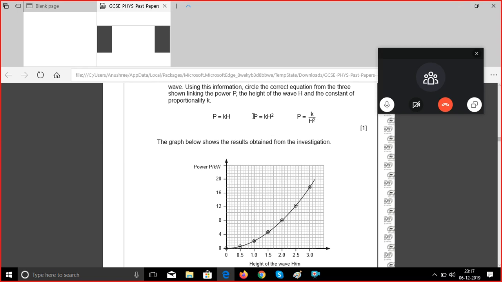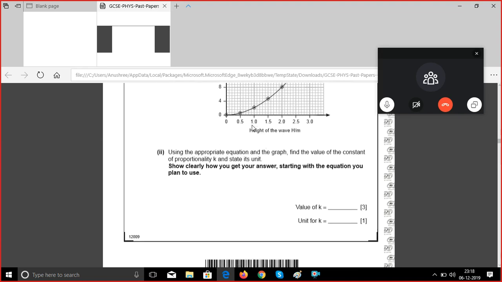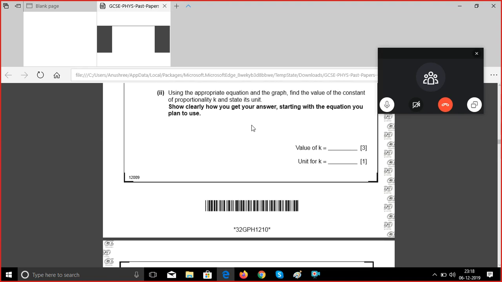So k equals P divided by h squared, and the unit of power is watts, or kilowatts, and h squared is the height, so it's in meters squared. So kilowatt per meter squared is the unit.